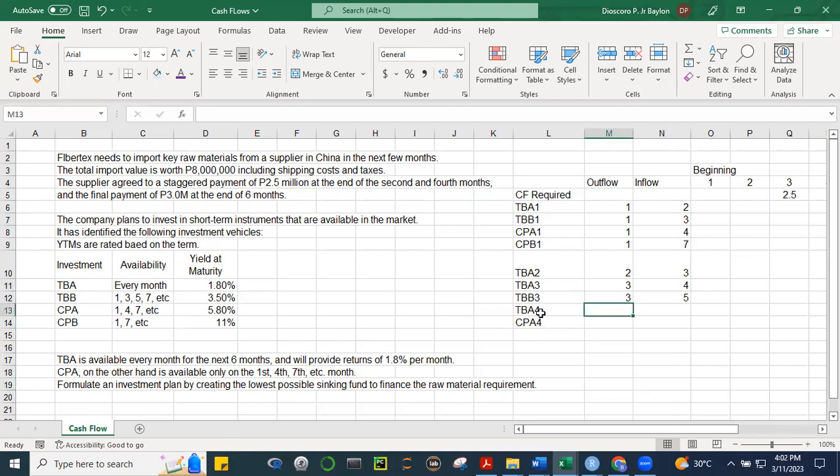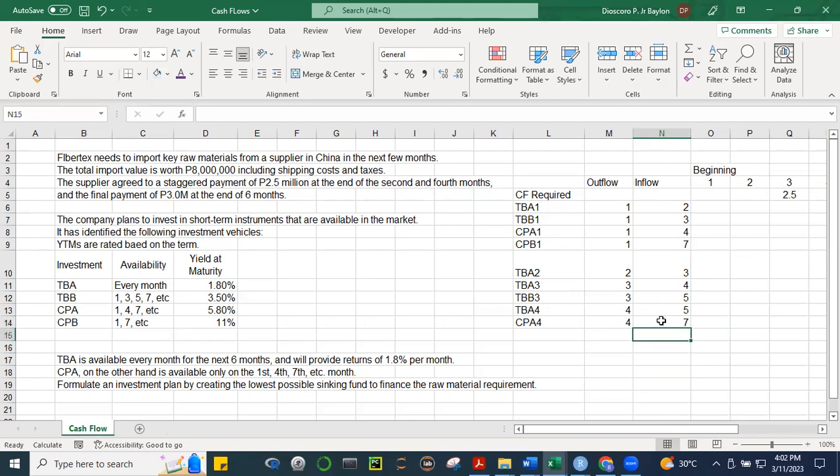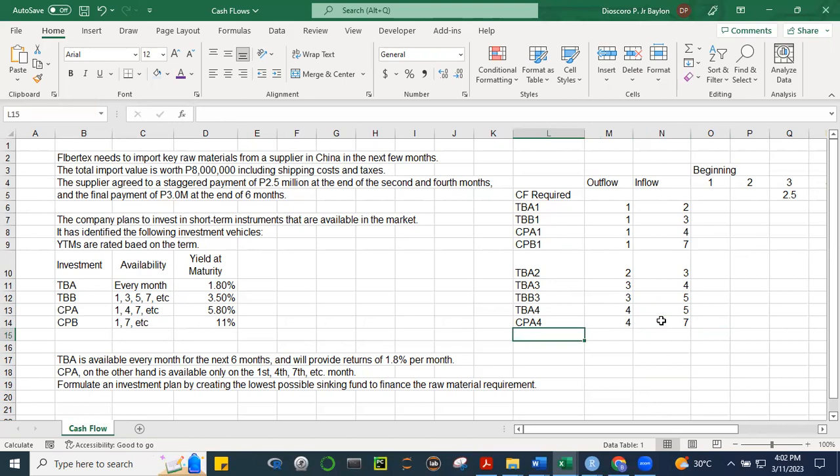As the name suggests, this will be invested on month 4. This will mature on month 5. This will be invested in month 4. And this will mature on month what? Month 7. Okay. All right, good. So what else? What other investment schemes can we have?